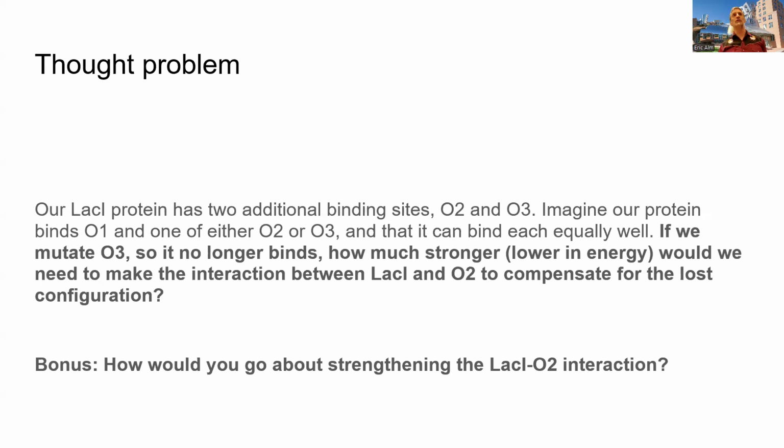And what I want to do is make sure that when I get rid of this other site, O3, the lac protein is still bound just as often to the promoter and to the lac operon. So I'm going to want to do something to the O2 site to make it a better binder, right? I want the energy to go up or down. Down. I want the energy to go down, right?